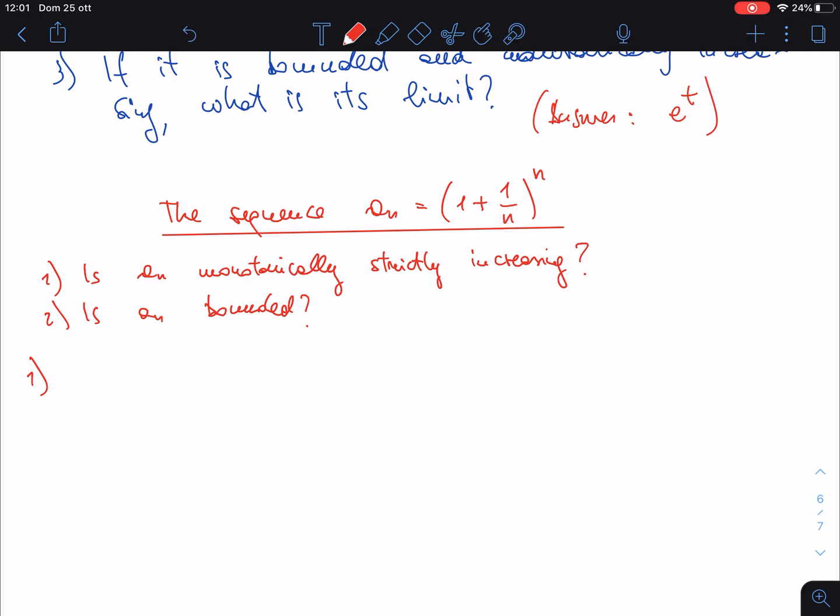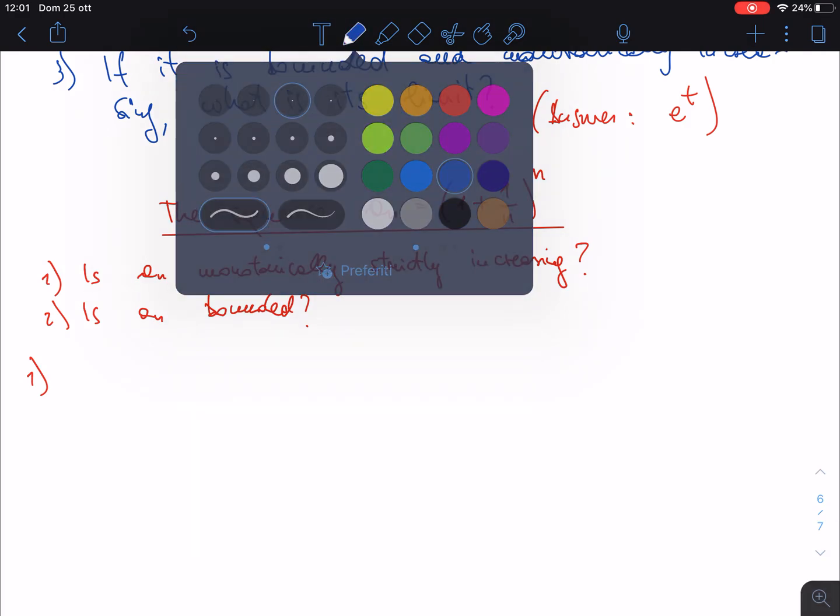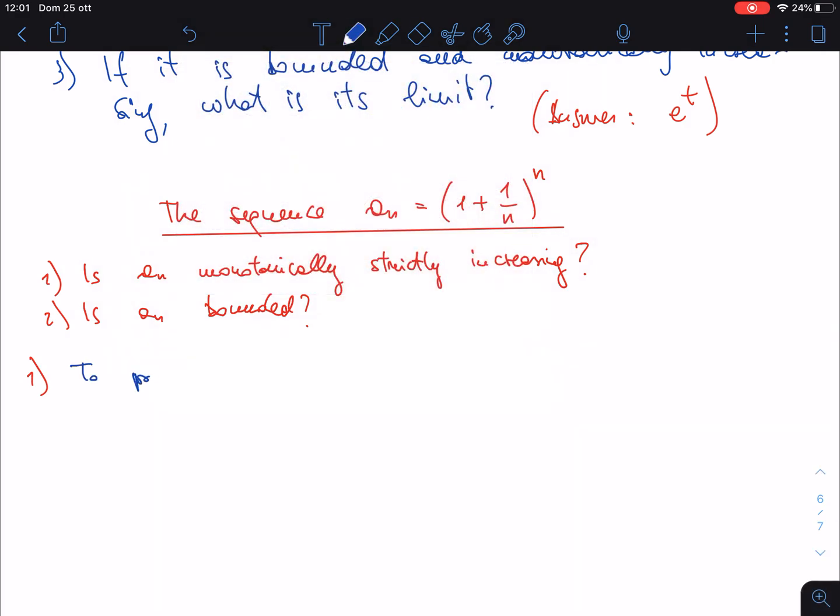So our hypothesis, okay, we want to prove that (1 plus 1 over n) to the nth power is less or equal to (1 plus 1 over n plus 1) to the power n plus 1. Sorry, not less or equal, but strictly less.